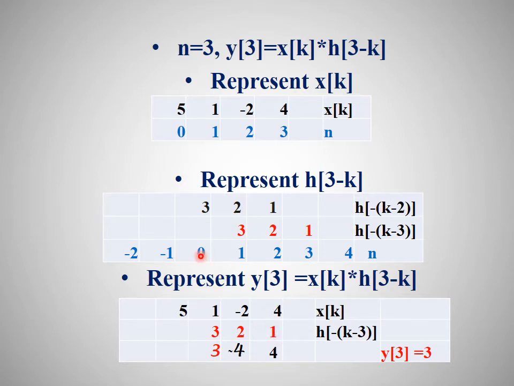The value at 0 does not exist here, so here also we do not have a value at n equal to 0. So multiplying, 3, minus 4 and plus 4, so when we add this, minus 4 and plus 4 get cancelled. So our answer for x of k into h of 3 minus k, y of 3, is equal to 3.